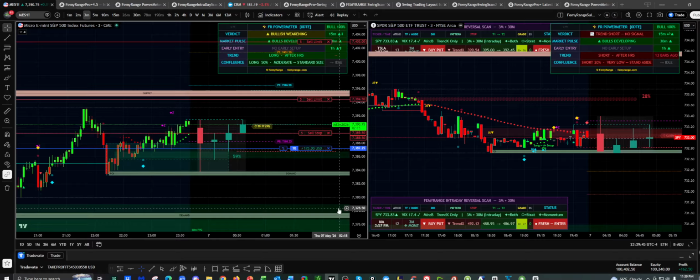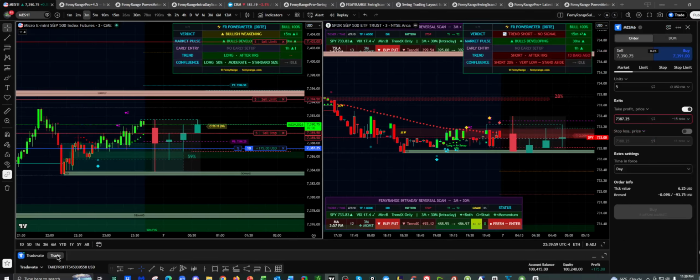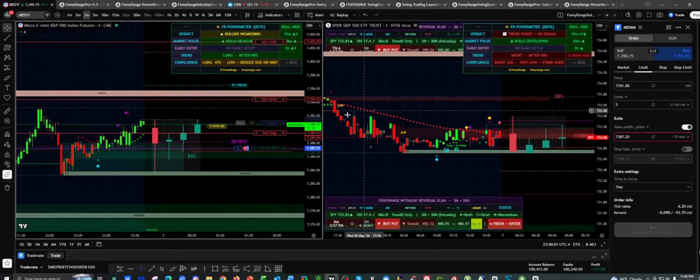I'm not going to be here for another 20 minutes, but I'm sure you get the point. This trade is still on. It's up $175. Let me check again how much we're up. The trade started here, and this is the stop loss.